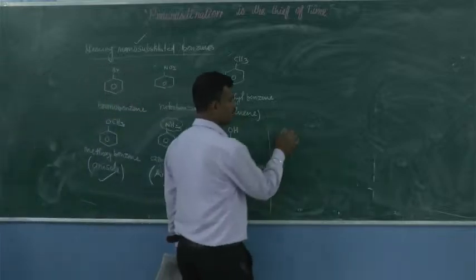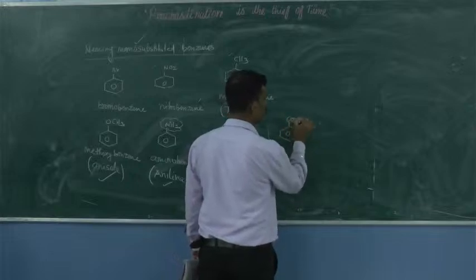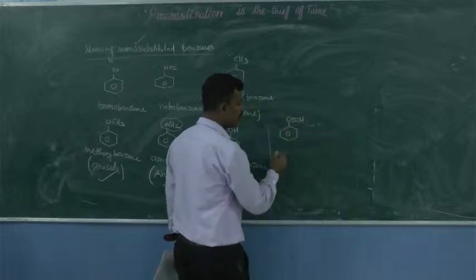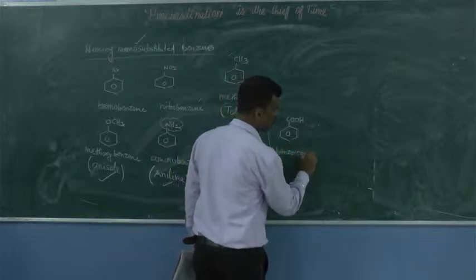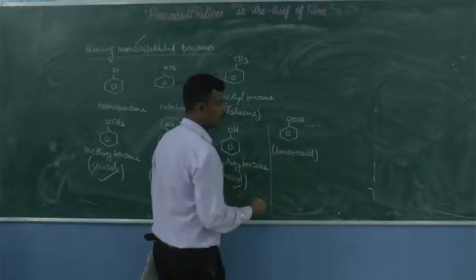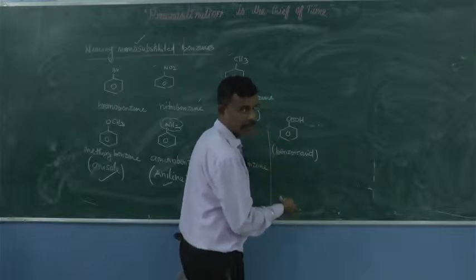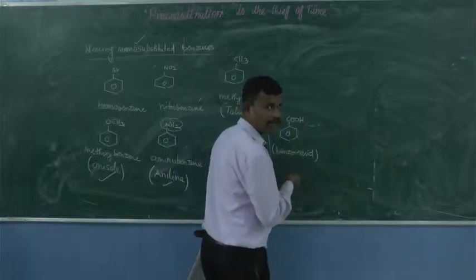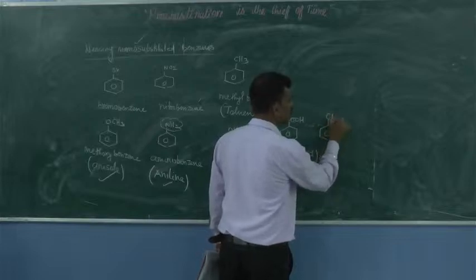Is it clear? And there are other compounds that are not there in the book. Please note this. This is going to be your common name, which is very important. The name is benzoic acid. You have to remember. Is it clear? Next, this is going to be CHO.